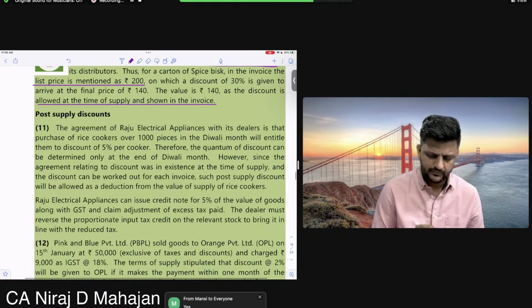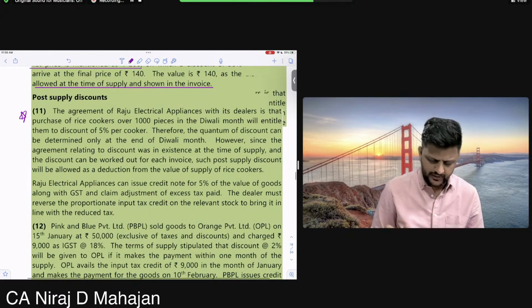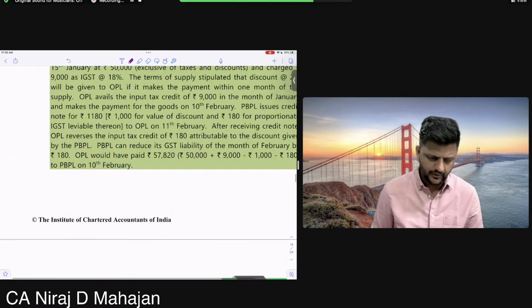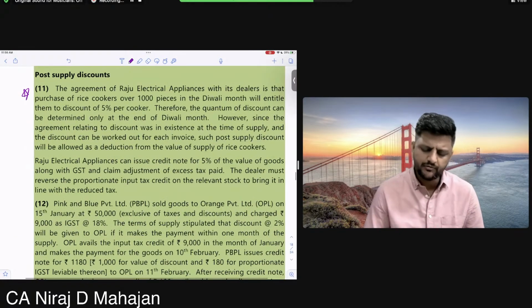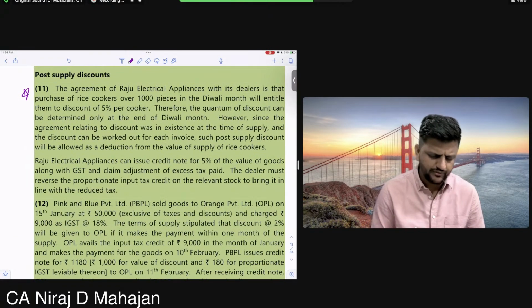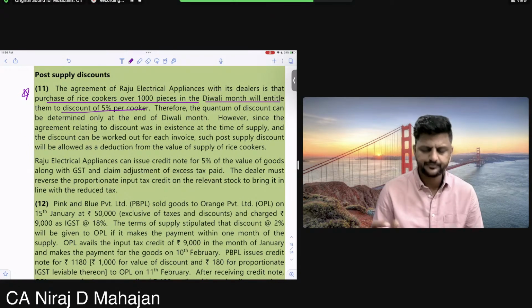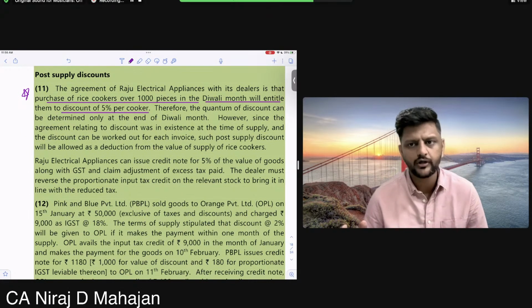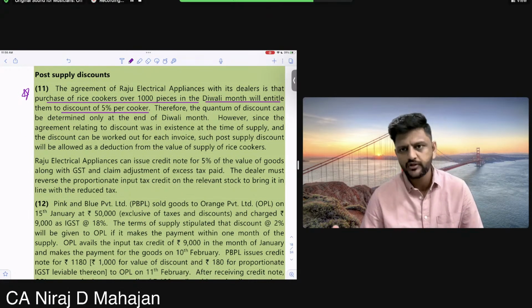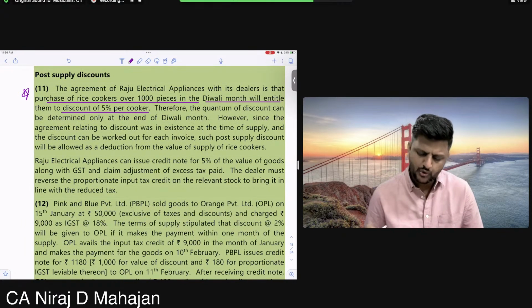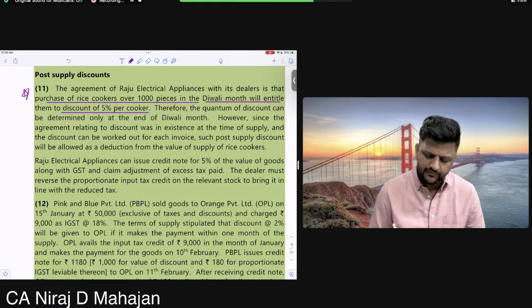Post supply. Be a little bit careful with the examples. Ready? The agreement of Raju Electrical Appliances with its dealer is that purchase of rice cookers over 1,000 pieces in Diwali month will entitle them to a discount of 5% per cooker. This condition is told beforehand. Yes, you will tell before Diwali only. Therefore, the quantum of discount can be determined only at the end of Diwali month.